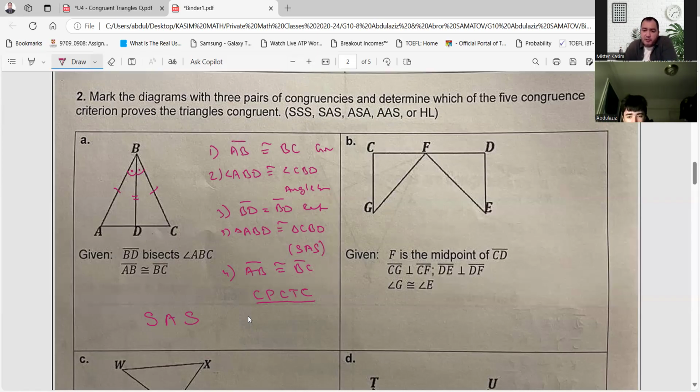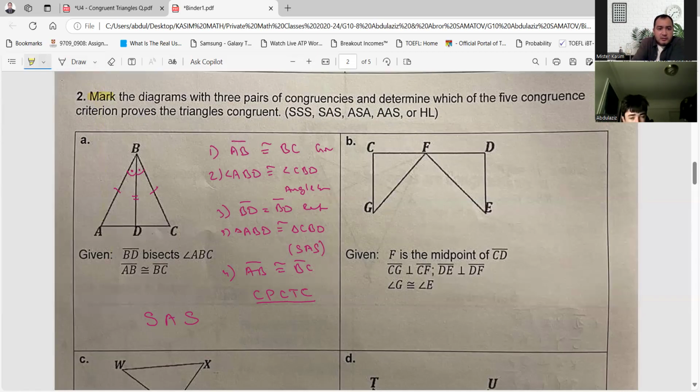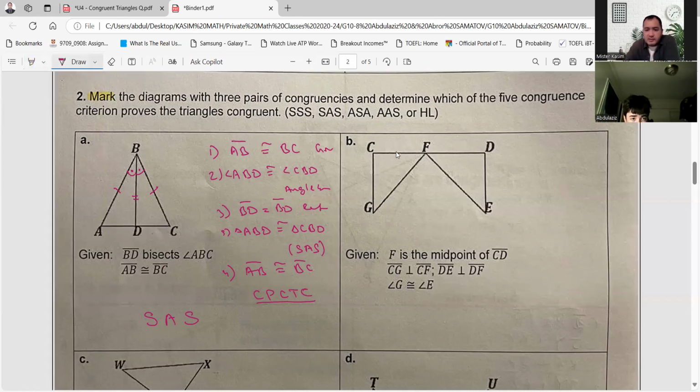And how about question B? F is a midpoint of CD. So let me just mark here. The question says mark. Okay, so let's mark this. So CF is equal to FD, because F is a midpoint. That's the definition of midpoint, right? And CG is perpendicular to CF.